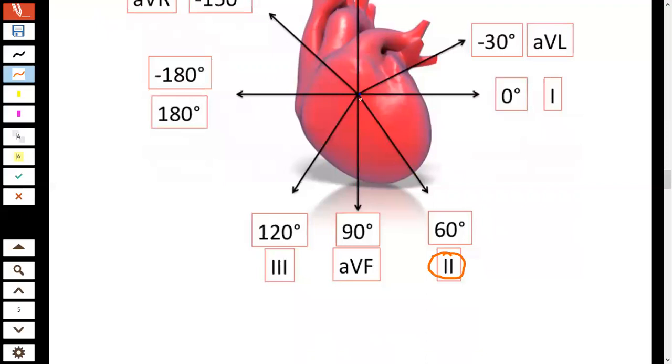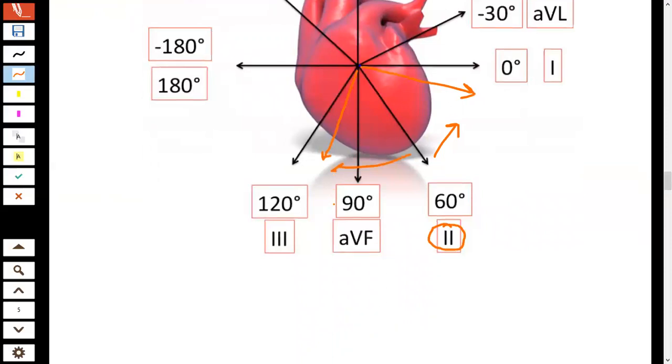If it's deviated further left, like in this direction, it's left deviated, and we call it left ventricular hypertrophy. But if the same vector is deviated to the right, we call it right ventricular hypertrophy. That's how we pick up the pathologies on the ECG.